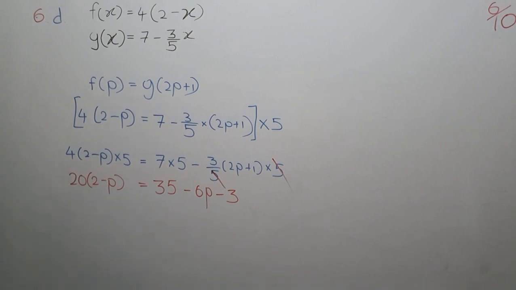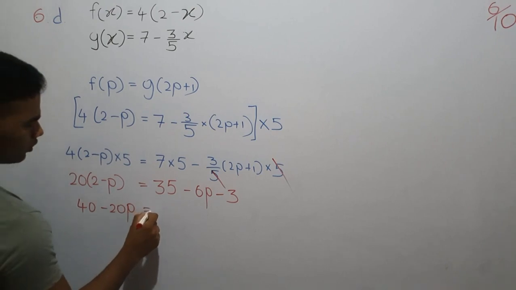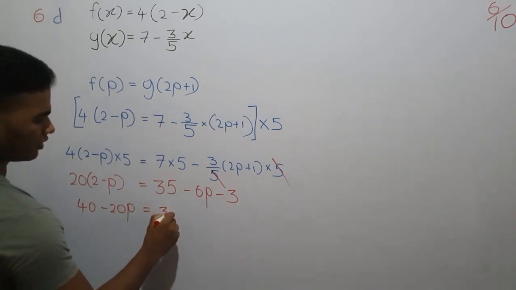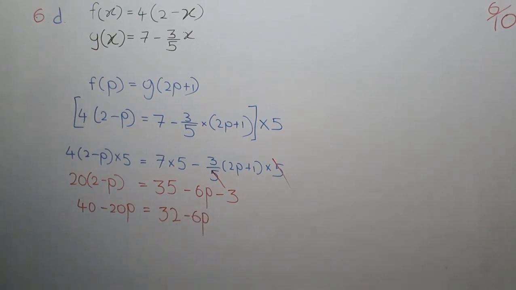So we'll expand this bracket now. 20 into 2 is 40 minus 20p equals 35 minus 3 is 32 minus 6p. So our question is to find the value of p.